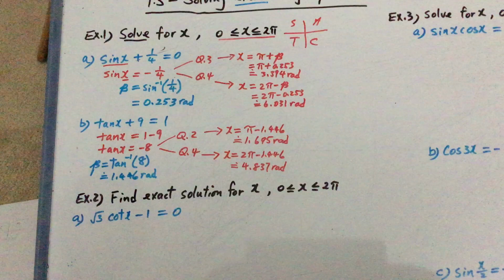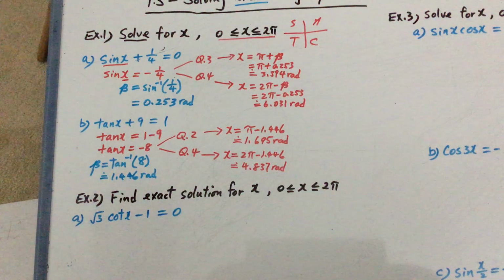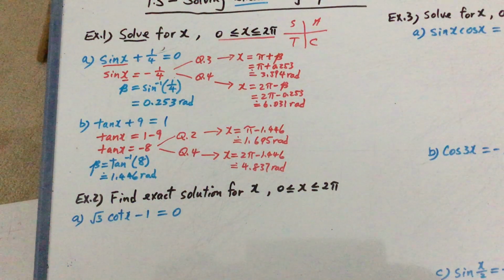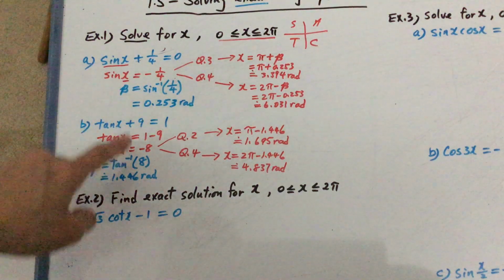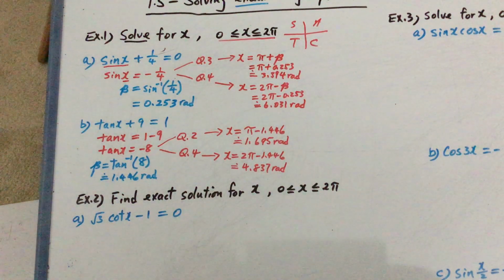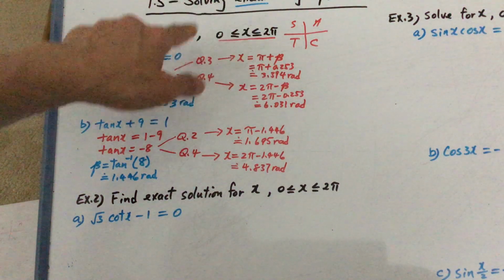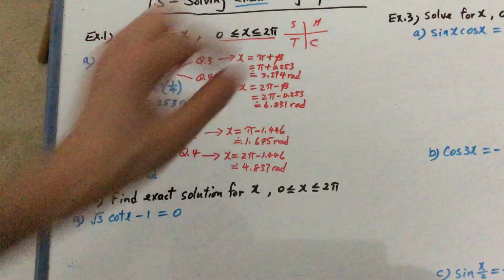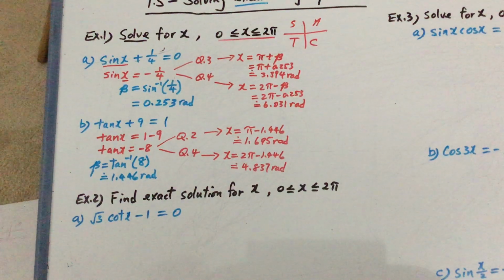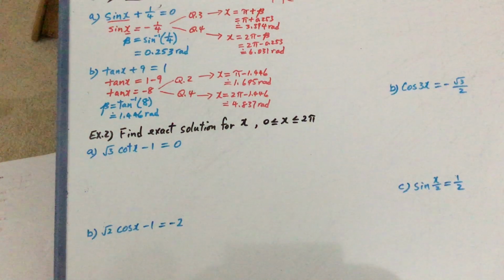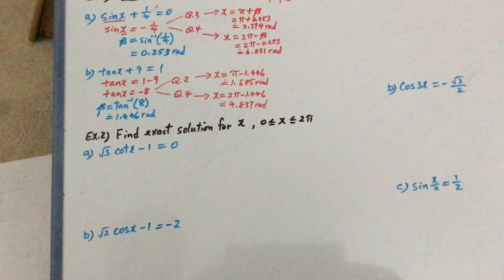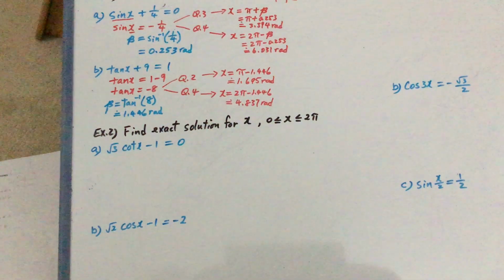Okay, so each of these questions will have 2 solutions for x, because the ratio is negative. Even if the ratio is positive, within the 360 degrees, you always get 2 quadrants for positive or 2 quadrants for negative.